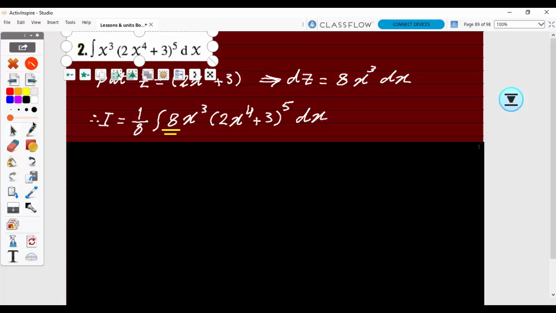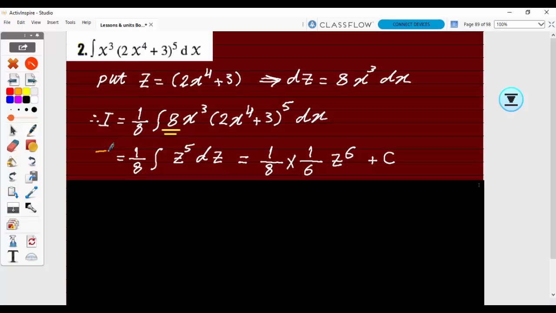Okay, and then we substitute 2x^4 + 3 equals z, and we get I equals 1 over 8 times the integral of z^5, with 8x^3 dx equal to dz.